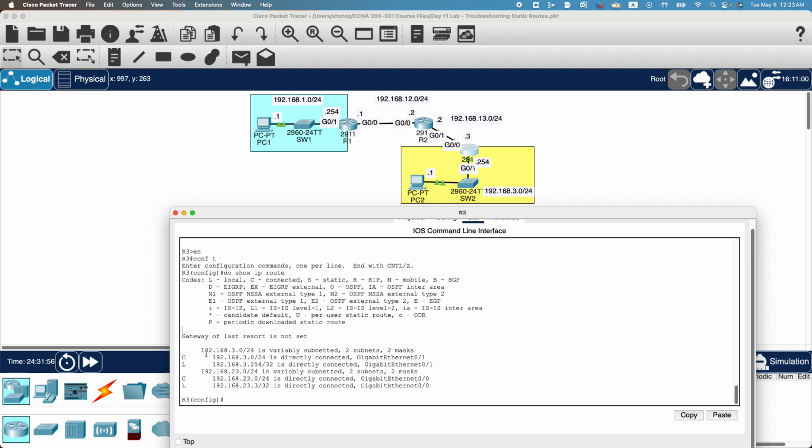I don't get that. Okay, so 192.168.3.0/24, oh, is variably connected. Okay, yeah, that is correct. That's to here via its 0/1 interface. That seems correct.